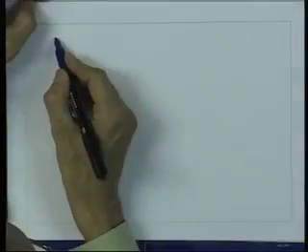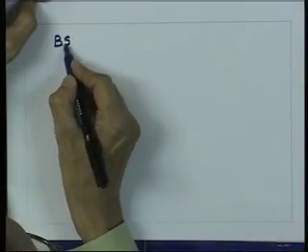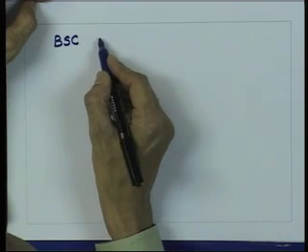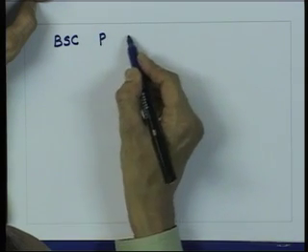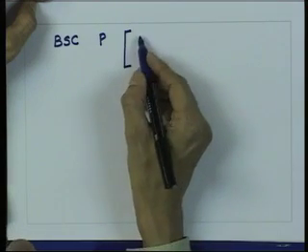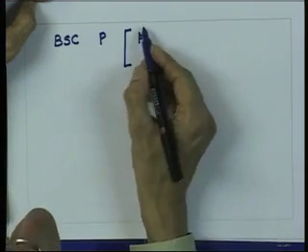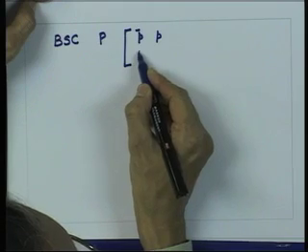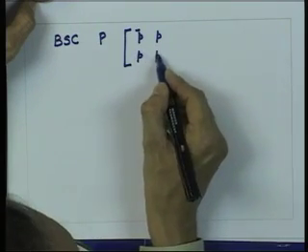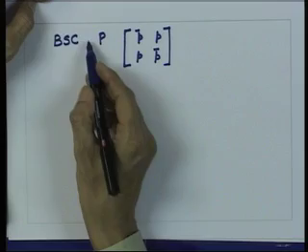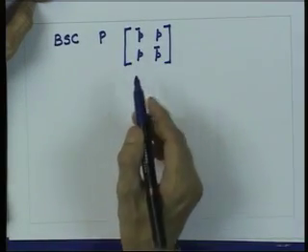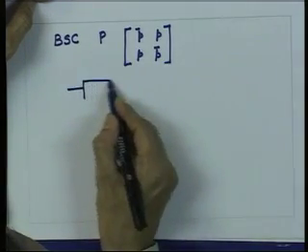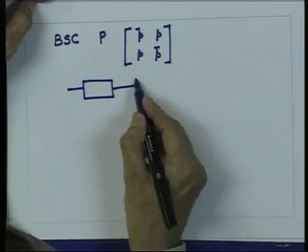Now, let us take an example of two binary symmetric channels and cascade them. So, let us assume that the binary symmetric channel is given with the channel matrix as follows. We take two identical binary symmetric channels and cascade them as indicated here.